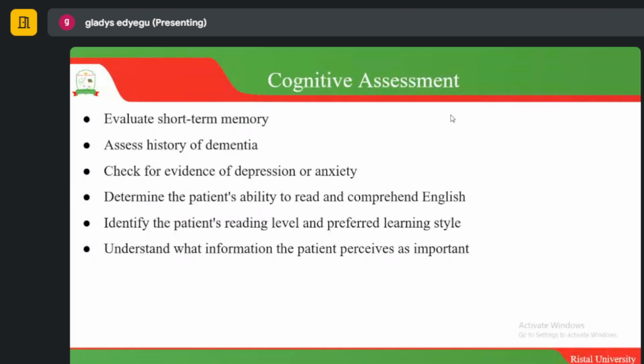Then also understand what information the patient perceives as important. All this you have to assess. So cognitive means just using the brain and the understanding. So you have to ask these kinds of questions that can lead you to any kind of management in relation to maybe mental issues or mental disabilities, and you'll be able to understand what your patient is going through, and you'll be able to support your patient.